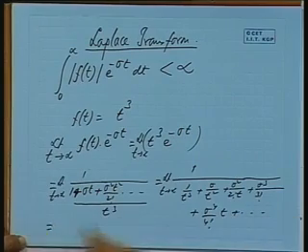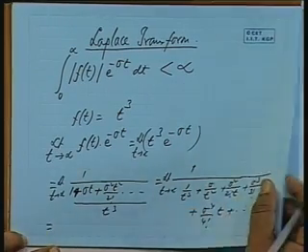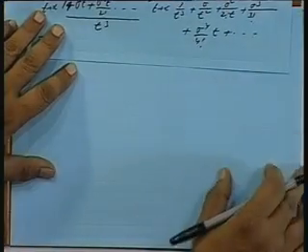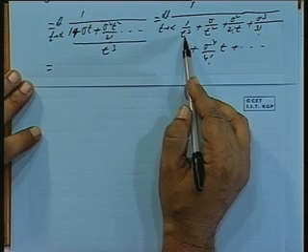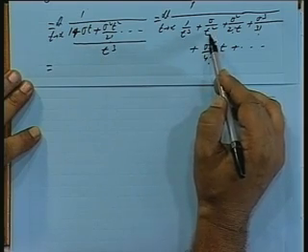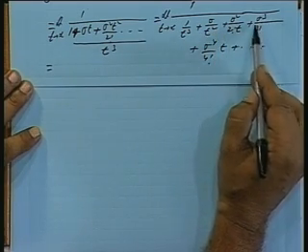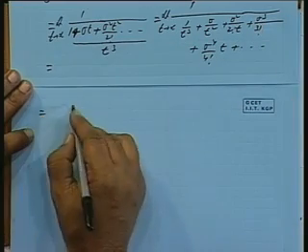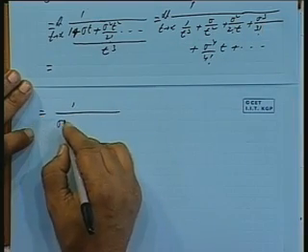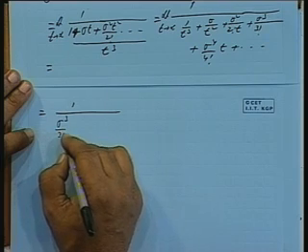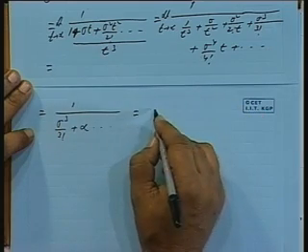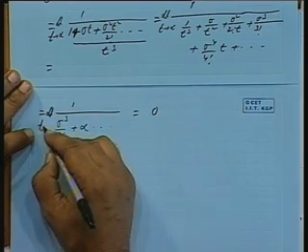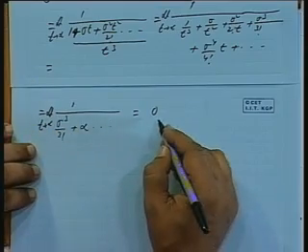Now, how much is this coming to? 1 by t cubed will be 0, this will be 0, this will be 0, this will be finite. So, it will be equal to 1 by sigma cubed by factorial 3 plus infinite terms multiplied by t. So, the limit as t tends to infinity will be 0.